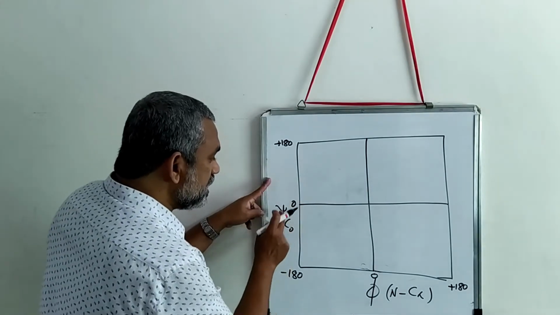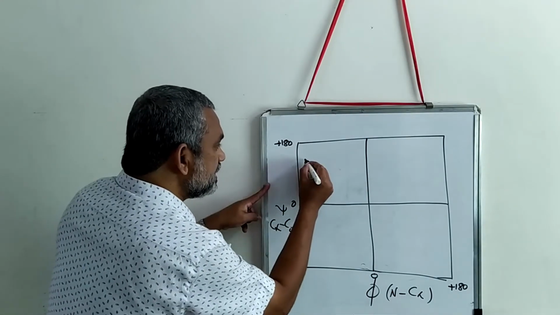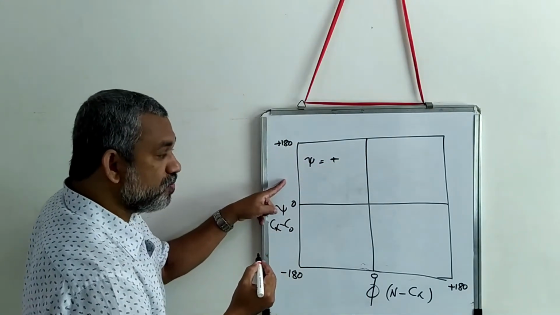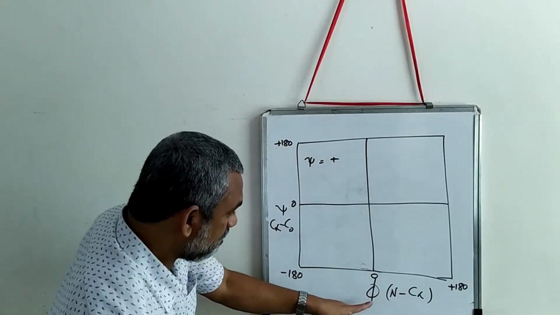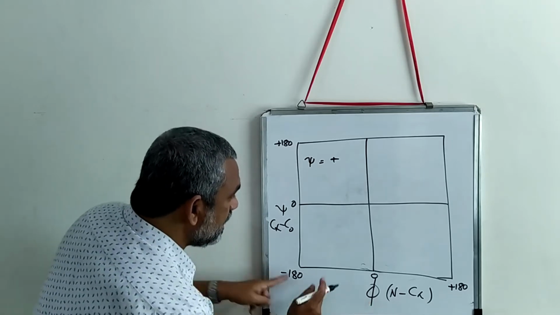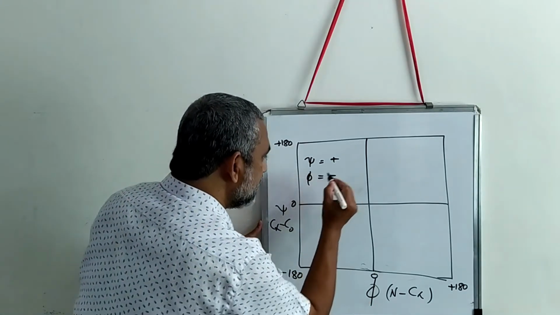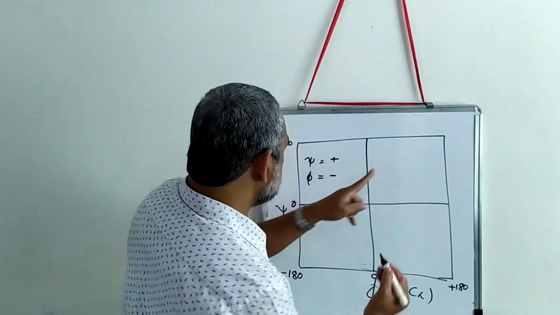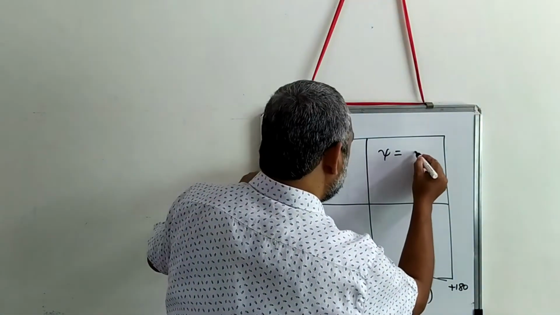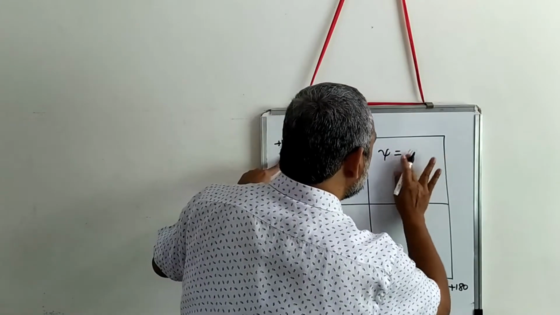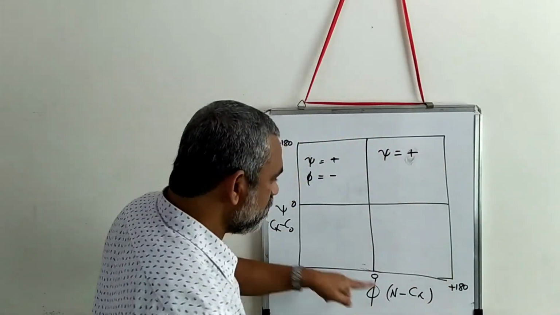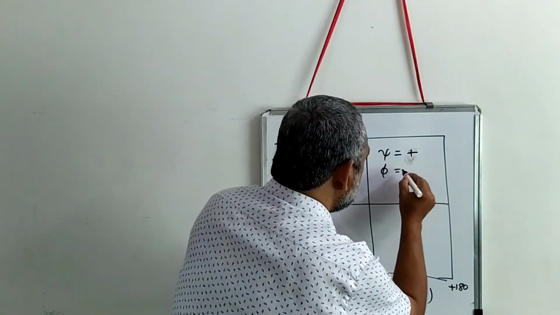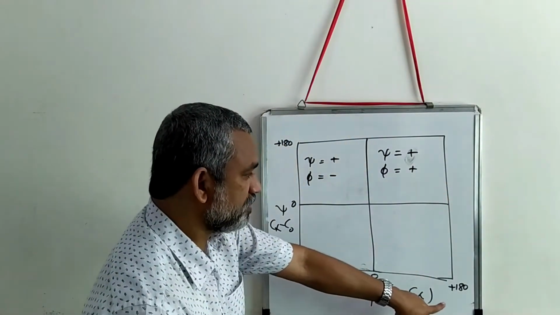In this quadrant, it is very clear that psi has to have a positive value and phi has to have a negative value. Similarly here, psi will be a positive value and phi will again be a positive value.